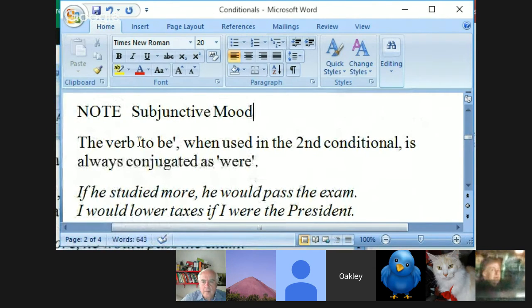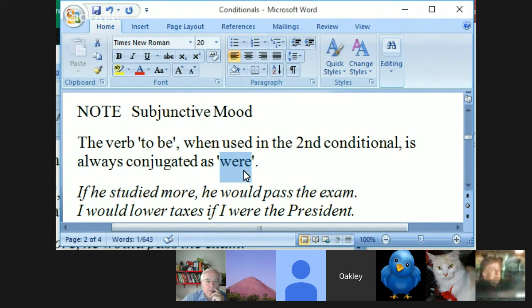So one weird little thing that happens is the verb to be, when used in the second conditional, because it's imaginary, unreal, is always conjugated as were. It does not matter: he were, she were, it were, I were, they were. It doesn't matter what your subject noun is. It's always conjugated the same way as were.